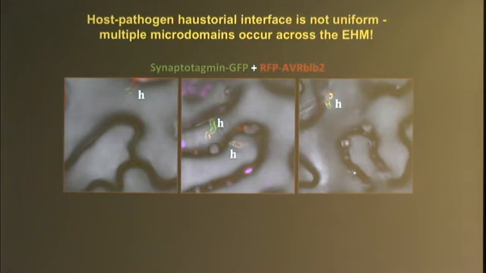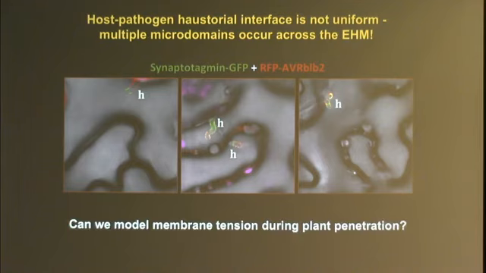At the moment we are thinking about whether we can model these membrane invaginations, to see if what we are thinking biologically is true. If these invaginations increase membrane tension at these sites, then in our biological model synaptotagmin-induced ER plasma membrane junctions can help this pathogen to make these invaginations and accommodation structures.